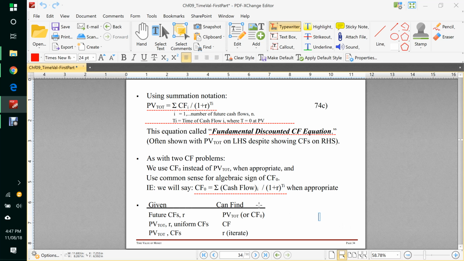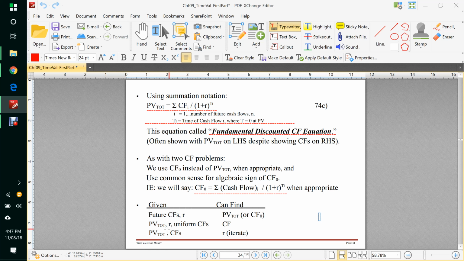Also, a few things to note. It's always good to think about what we can say about this formula before we start making numbers. Well, if we're given the amounts of all the future cash flows and the discount rate, clearly we can compute PV tote or CF0. That just pops right out of looking at this.